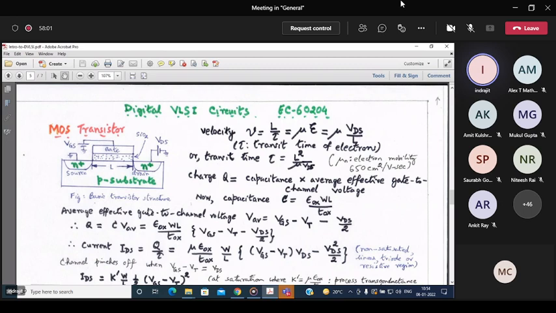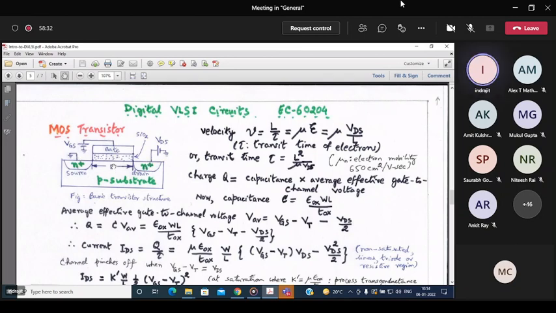And the average effective gate to channel voltage is VGS minus VT, the threshold voltage, minus VDS by 2. Why VDS by 2? This is assuming that the channel is resistive. If the channel is resistive, at the source end there is no reverse biasing, and the complete channel voltage is VGS. As you progress towards the drain end, VDS needs to be subtracted because the drain is more positive with respect to the source.